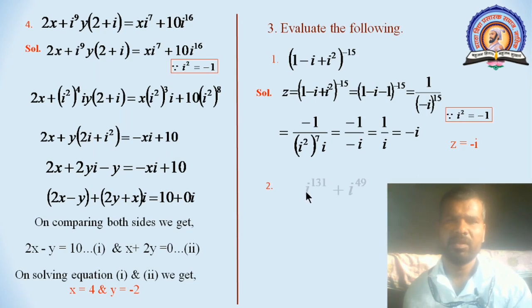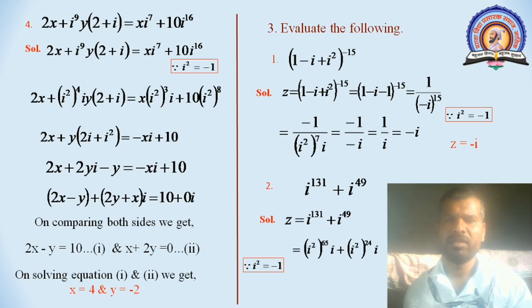Now next example is i raised to 131 plus i raised to 49. So Z is equal to i raised to 131 plus i raised to 49. We split this i raised to 131 and i raised to 49 in the form of i square for simplicity, because we know the value of i square is minus 1.